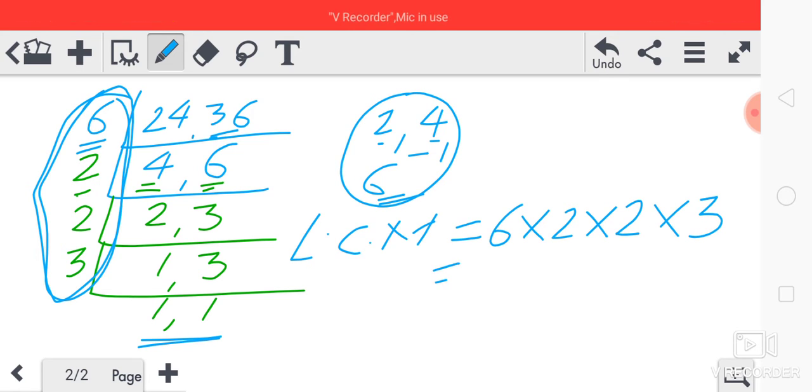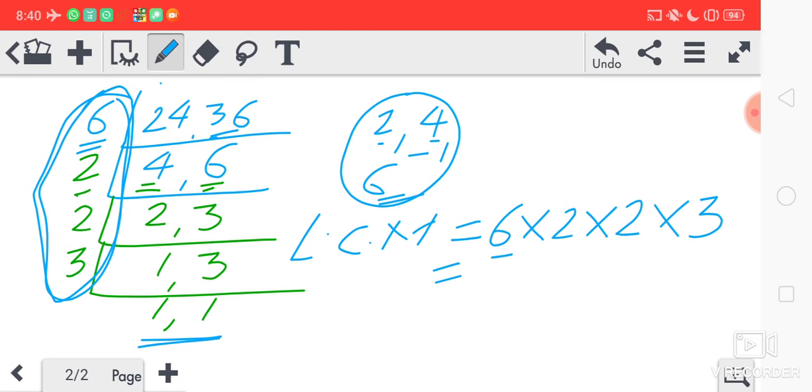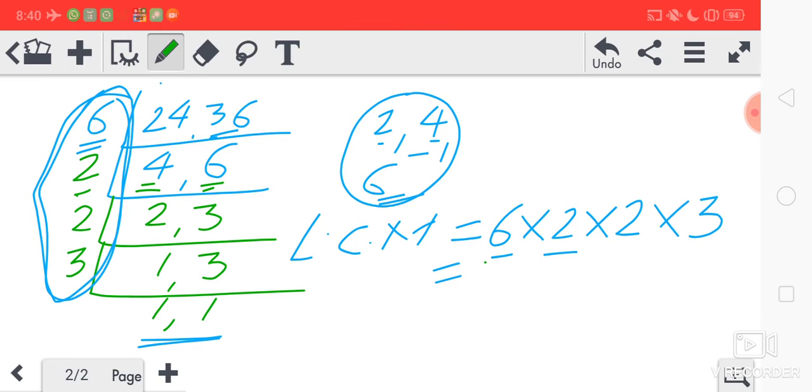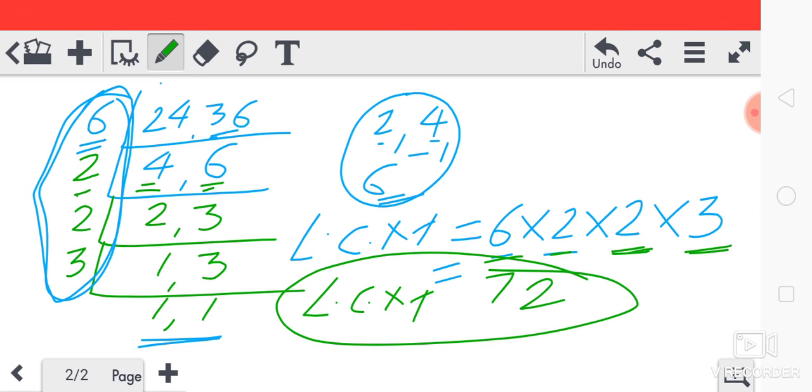Okay. Now this 6 into 2, how much will we get? 12. Then 12 into 2 will get 24. Then 24 into 3 will get 72. So finally LCM, what have we got? LCM is equal to 72.